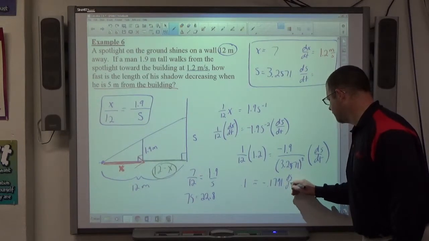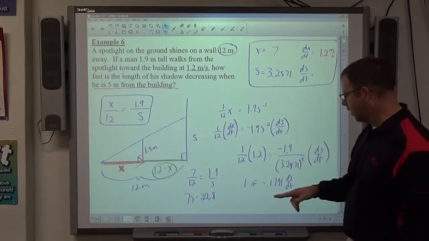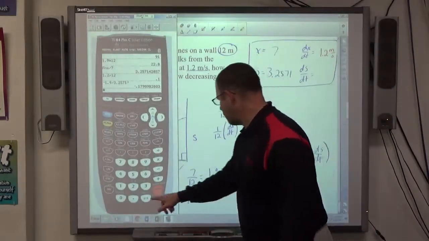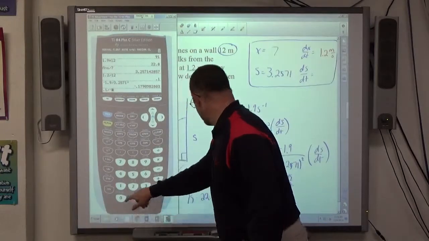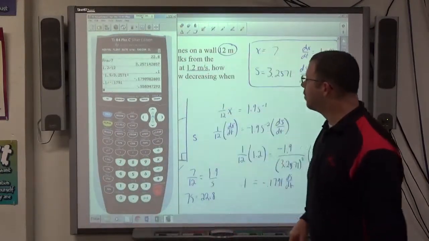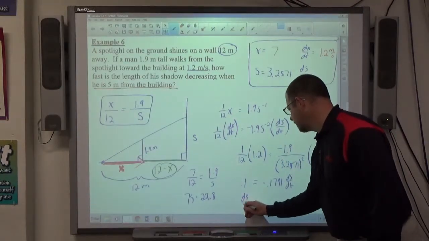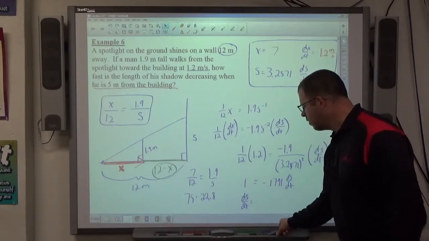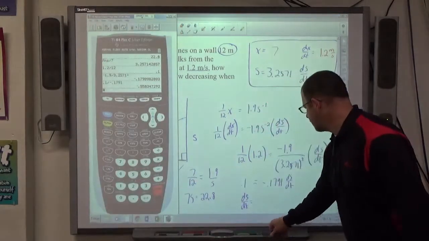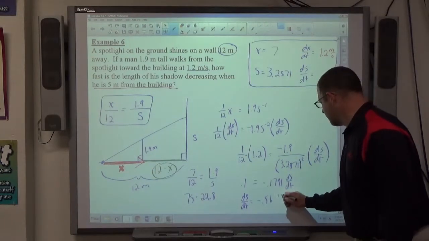So if we just divide 0.1 by negative 0.1791, we should get our answer, right? So 0.1 divided by negative 0.1791 comes out to 0.56. So ds over dt equals negative 0.56 meters per second.